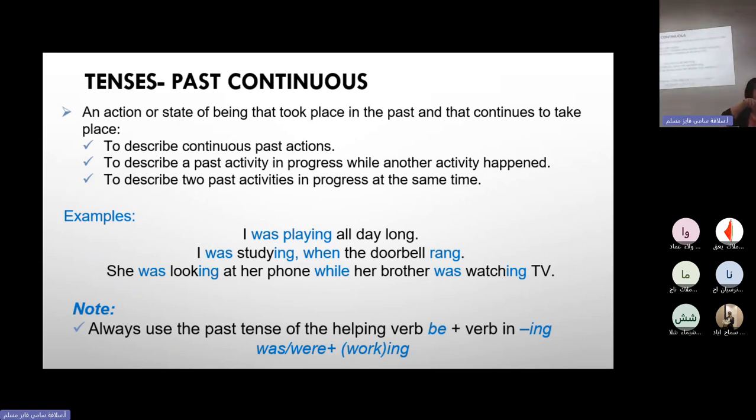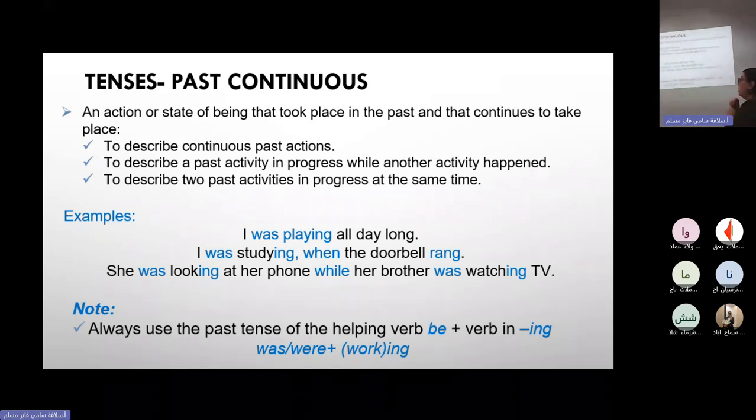Another action, something that was happening when something else happened. واحدة. She was looking at her phone while her brother was watching TV. Those actions are happening at the same time.